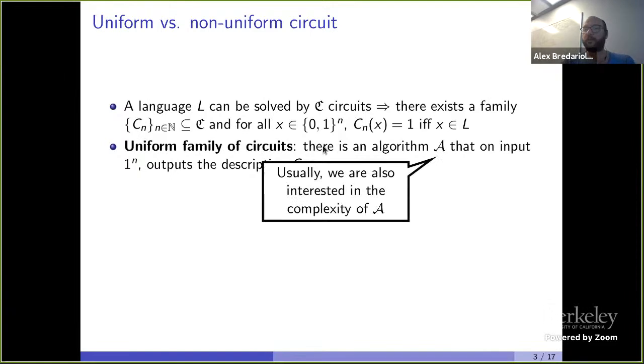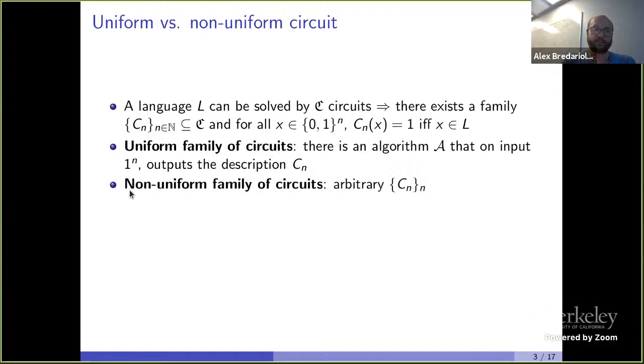Usually we are also interested in uniform families of circuits that can be computed with some specific complexity. For example, we could say that we want a uniform family of circuits that can be computed, let's say, in polynomial time or polynomial space.